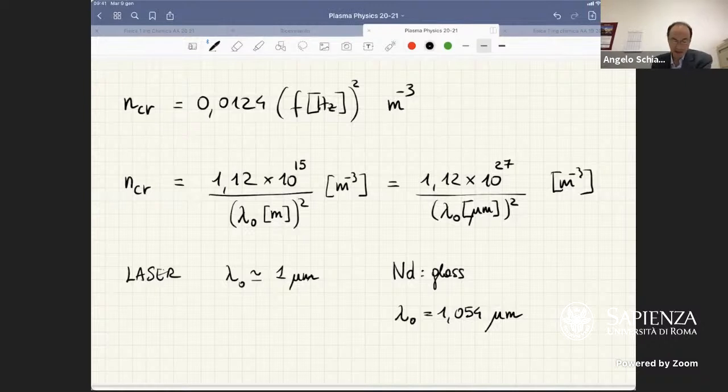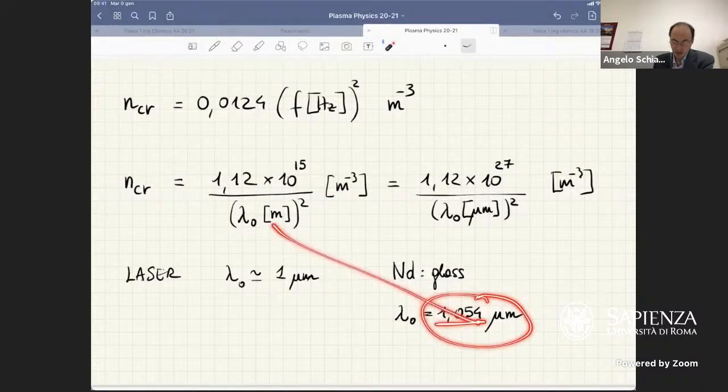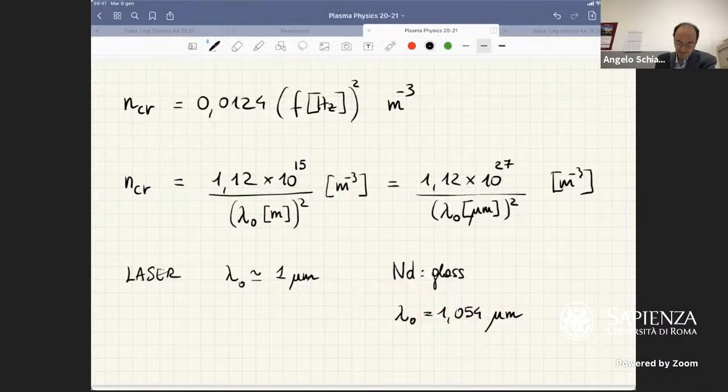And if we plug this number here, so you see that this is about 1 micron, then you see that the critical density for the neodymium laser is about 10 to the 27 electrons per cubic meter.